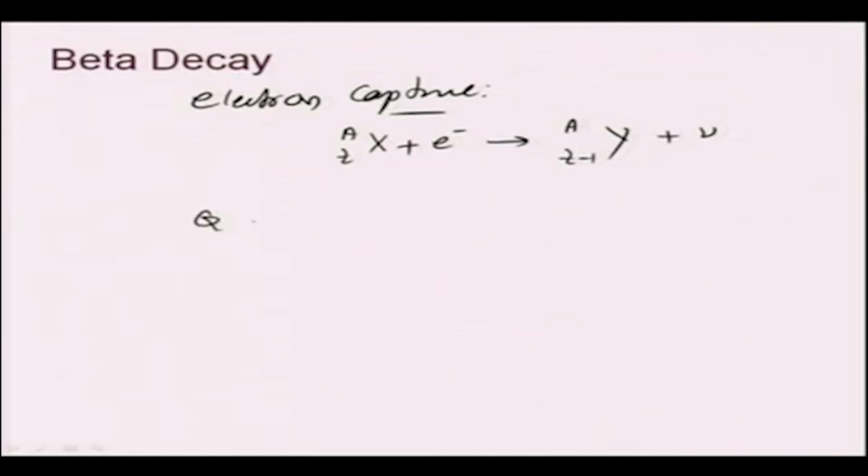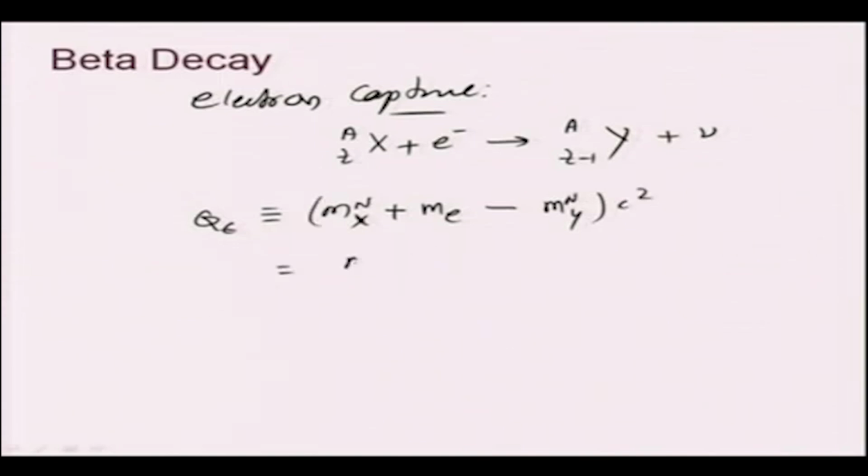The Q factor in this case, let me denote it by epsilon, Q epsilon, is equal to (mx, the nuclear mass, plus me, because there are the X nucleus and electron in the initial state, so they are added, minus in the product only my n) c².